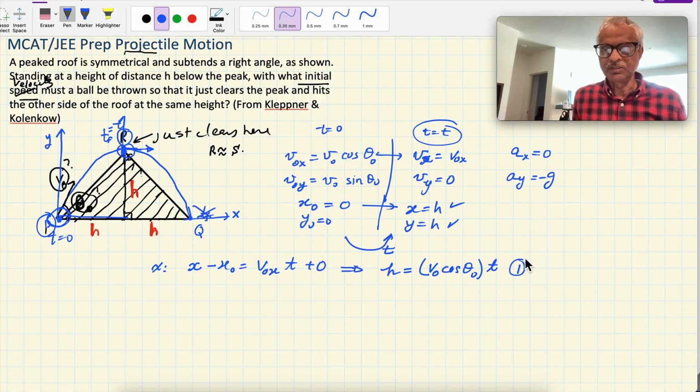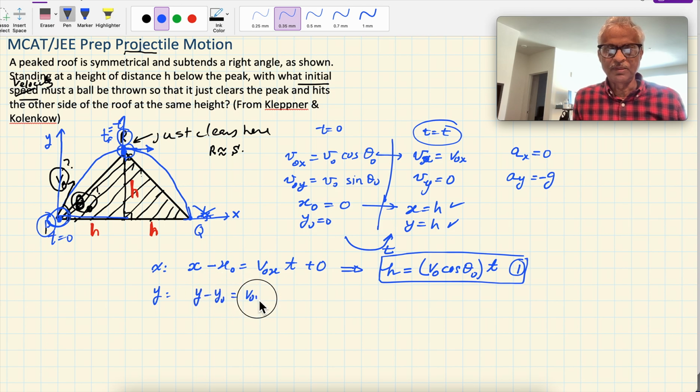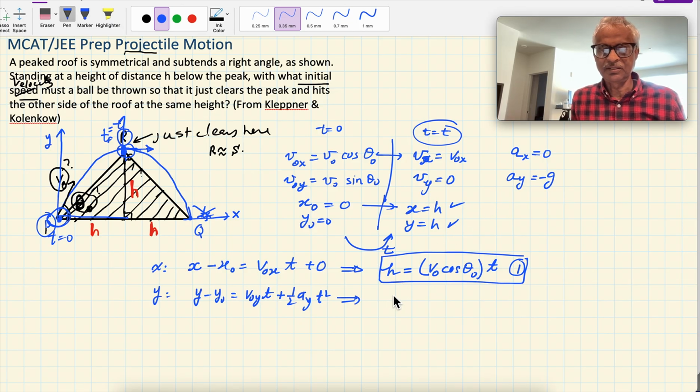That's going to be equation number 1. And along the y-axis, we're going to get 2 equations. The first is y minus y0 equals V0y t plus half ay t squared, and using our values here, h equals V0 sine theta 0 t minus half g t squared. So this is equation number 2.